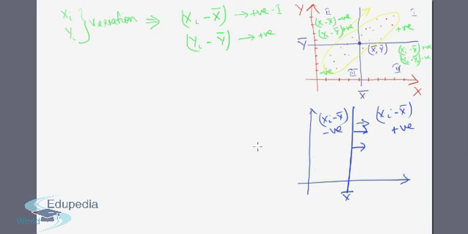In the same way, say this is my y bar line, so below the y bar line, the values of yi minus y bar would all be negative, and above this yi minus y bar will all be positive. Is that clear?